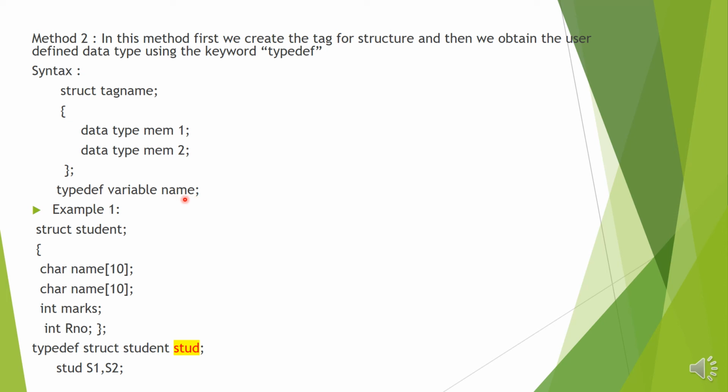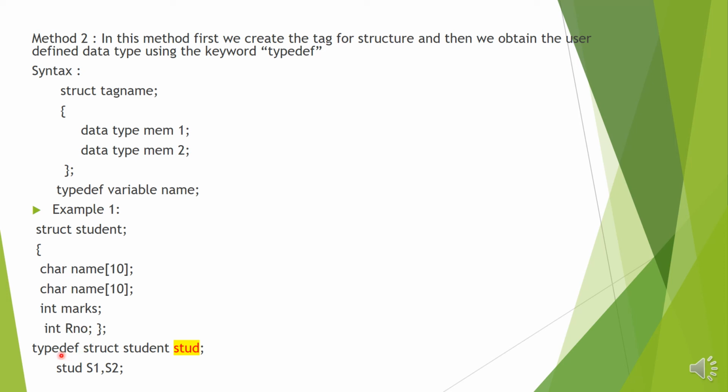Now we'll see this syntax for the same example, that is student information system. Here the structure starts with the keyword struct, name of the structure, that is student, then within the brackets we have the set of data members declared as character name with size 10, character USN with size 10, int marks, int roll number.